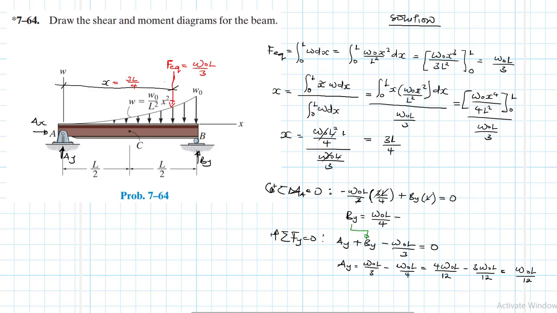So we'll convert our By also to 3W naught L divided by 12, so that it is represented with the same denominators. So By is equal to 3W naught L divided by 12, and Ay is equal to W naught L divided by 4.